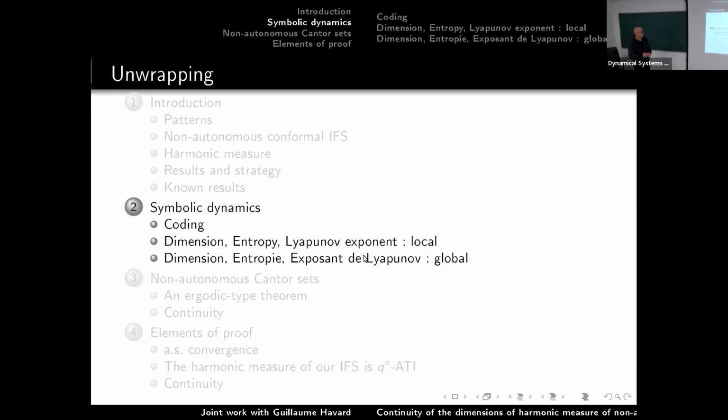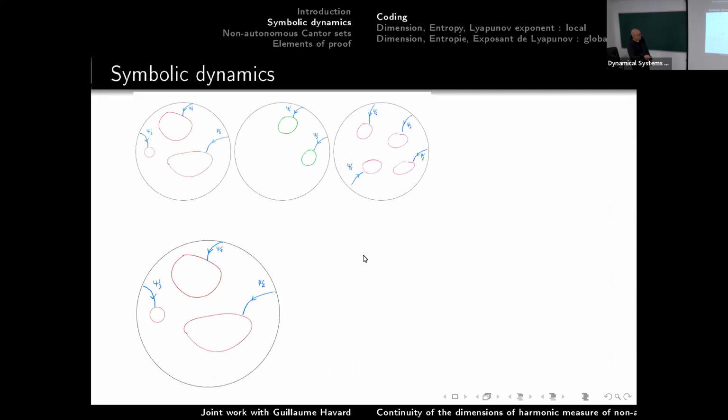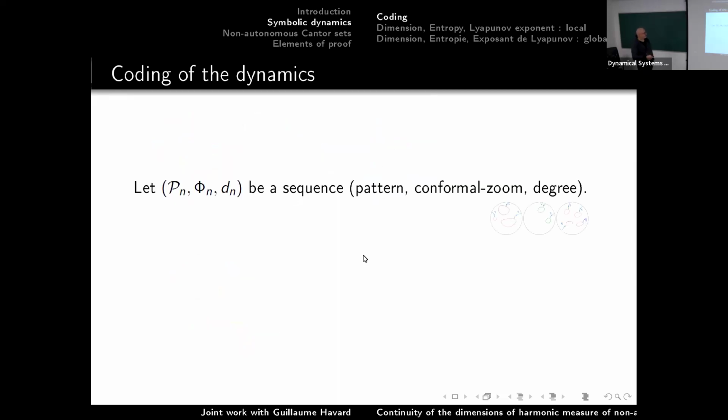Now, a few words on symbolic dynamics. First, we have all our sets here, and we have to send them in this symbolic space, which is rather natural, rather standard. So I still use the paintings of Guillaume because since he did it, we as well use them.